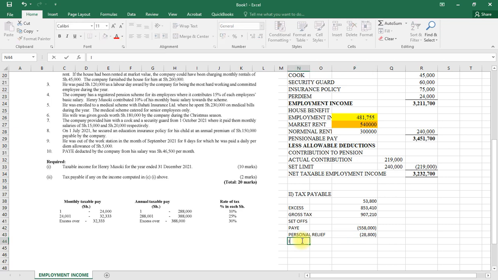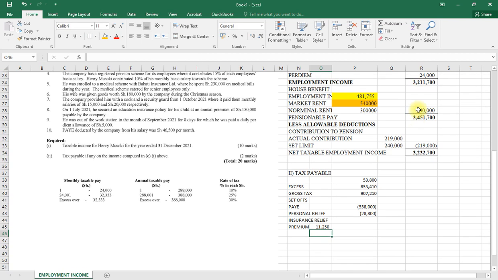We had insurance relief. It's normally the lesser of our premium paid, the premium paid, and I can just do it here. The premium paid, which will be equals to our insurance policy, we had this multiplied by 15%. 15% of the premium paid, and you compare with the set limit.